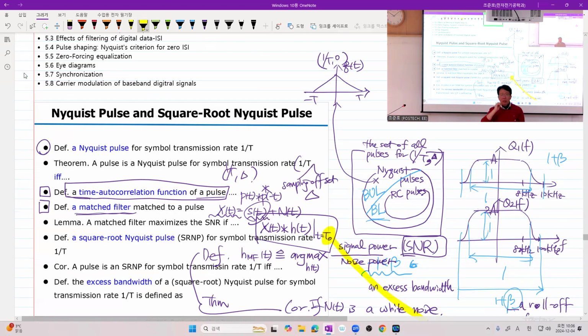You just use a Nyquist pulse and properly sample, because noise is very small. However, if noise is at some level or significantly larger, so that you need to suppress the effect of noise as far as possible, then you'd better use in the transmitter a square root Nyquist pulse. And after you receive the signal in the receiver, you use a matched filter and sample properly.